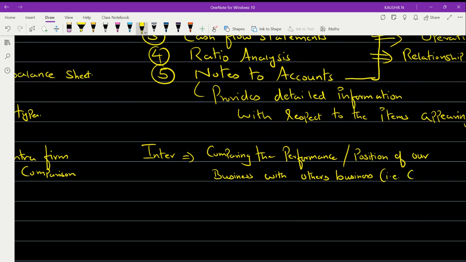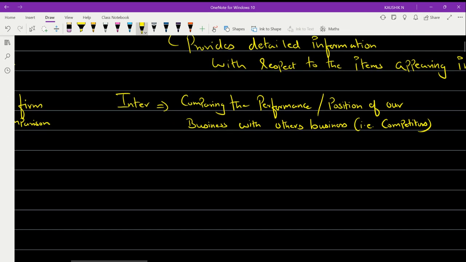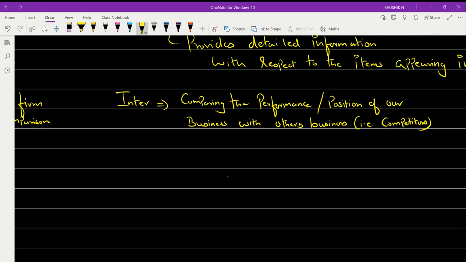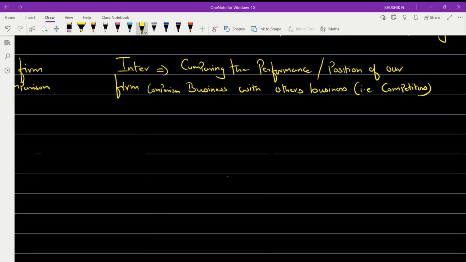That could be our competitors. This is inter firm comparison.